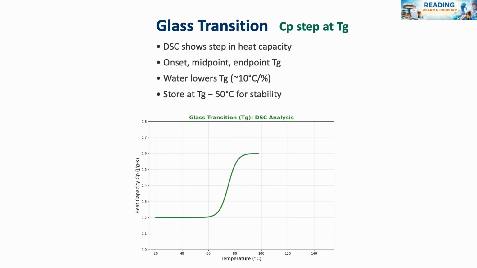Well, there is something called plasticizers, and the classical one is water, because water exists as the moisture content. Generally speaking, as a rule of thumb, for each 1% of moisture, the drop in glass transition is approximately 10 degrees. So that helps.